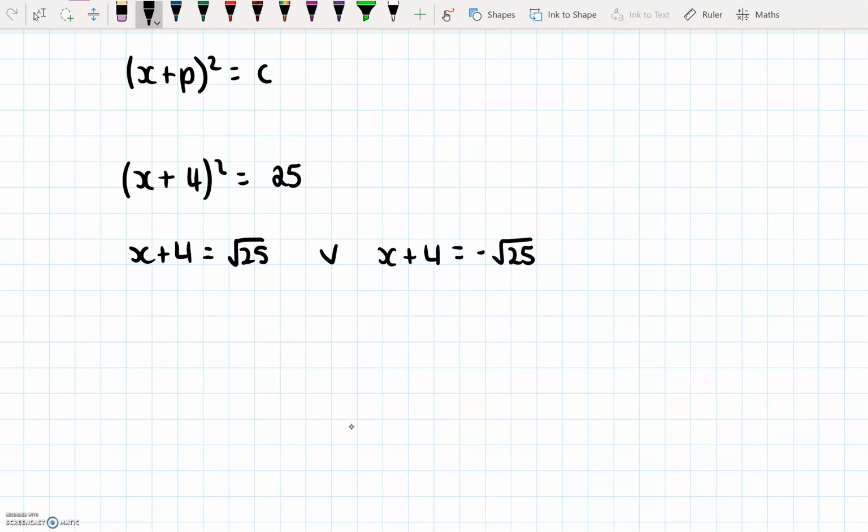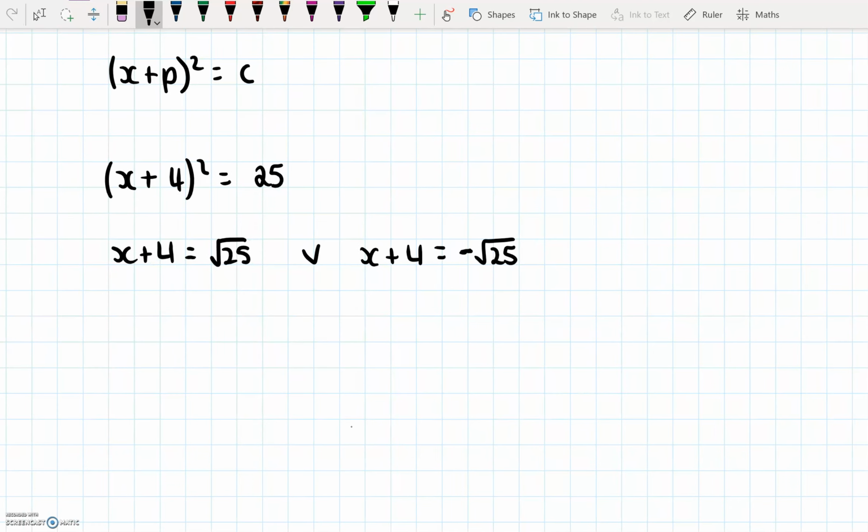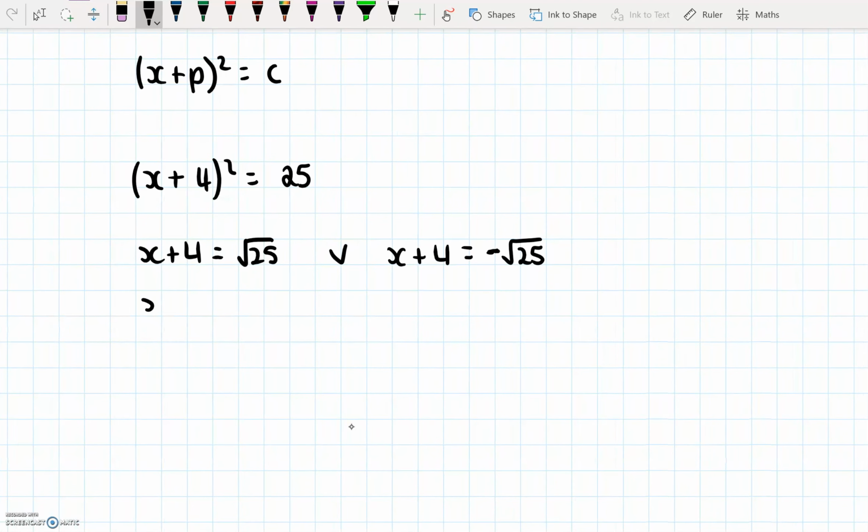Now it's really important that you don't skip any steps here, because when I see people skipping steps, that's when they make mistakes. So x plus 4 equals the square root of 25, which is 5, and then if we minus 4 from both sides, we get x is equal to 5 minus 4, which is 1.